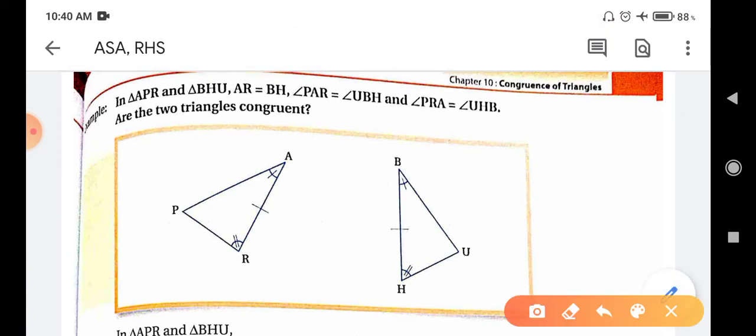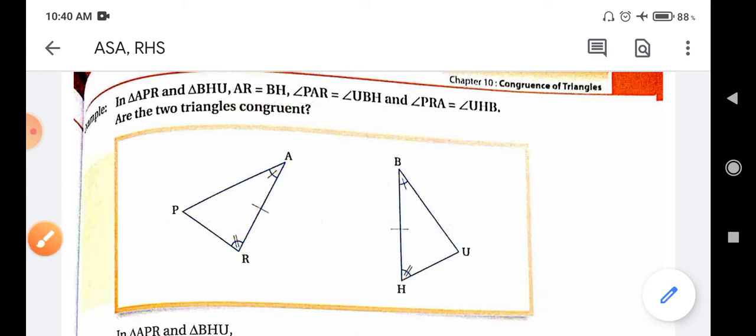In this example, we are given triangle APR and triangle BHU. We are given that AR is equal to BH, this side is equal to this side. Angle PAR is equal to angle UBH. And also we are given angle PRA and angle UHB are equal.